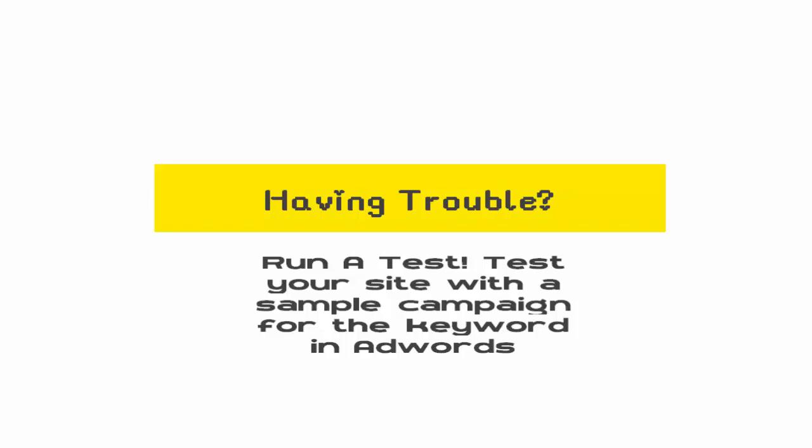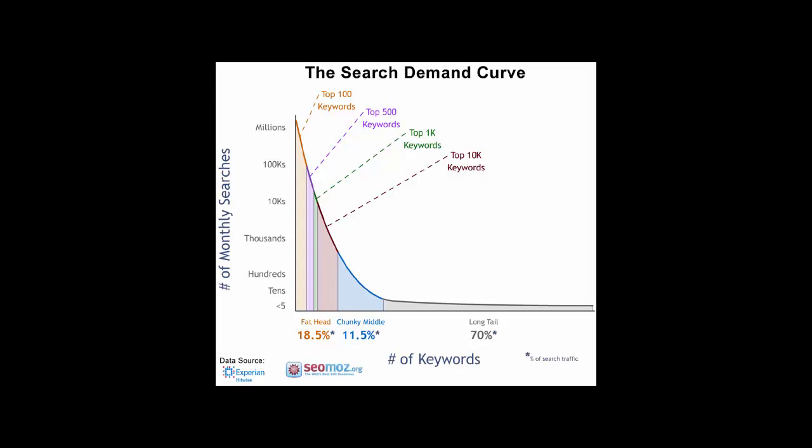The remaining 70% lie in what's called the long tail of search. The long tail contains hundreds of millions of unique searches that may be conducted just a few times a day, but when you combine them all together, these search queries comprise the majority of the world's demand for information through search engines. Long tail keywords also convert better because they capture people that are further along in the buying cycle.